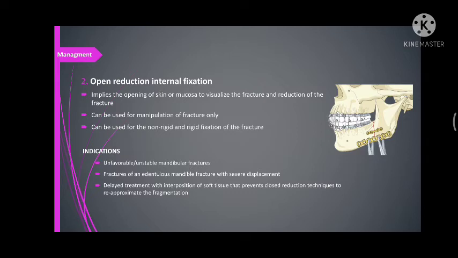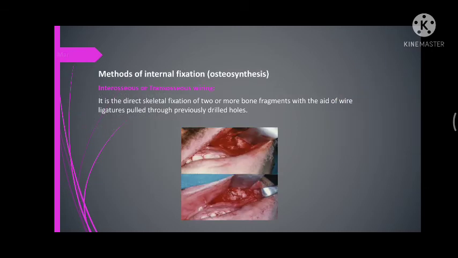Indications for this technique: unfavorable and unstable mandibular fractures, fractures of an edentulous mandible, fractures with severe displacement, and delayed treatment with interposition of soft tissue that prevents the closed reduction technique from approximating the fragments.